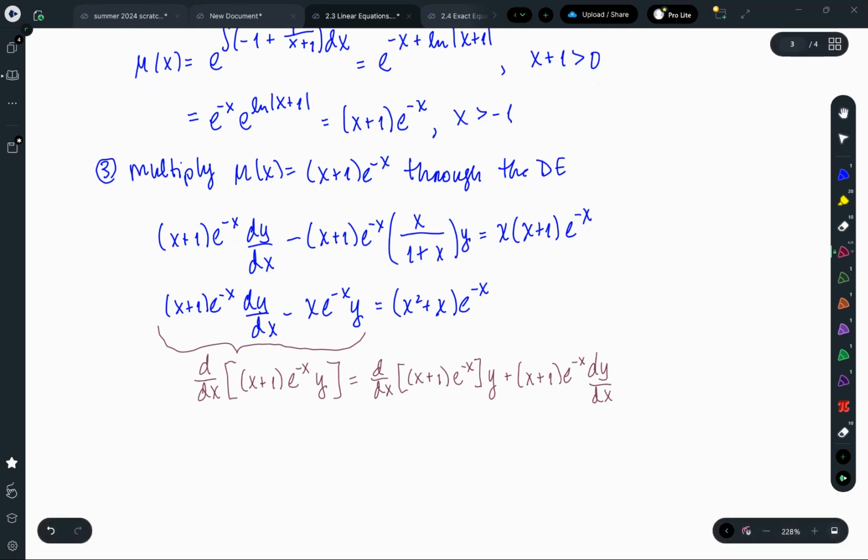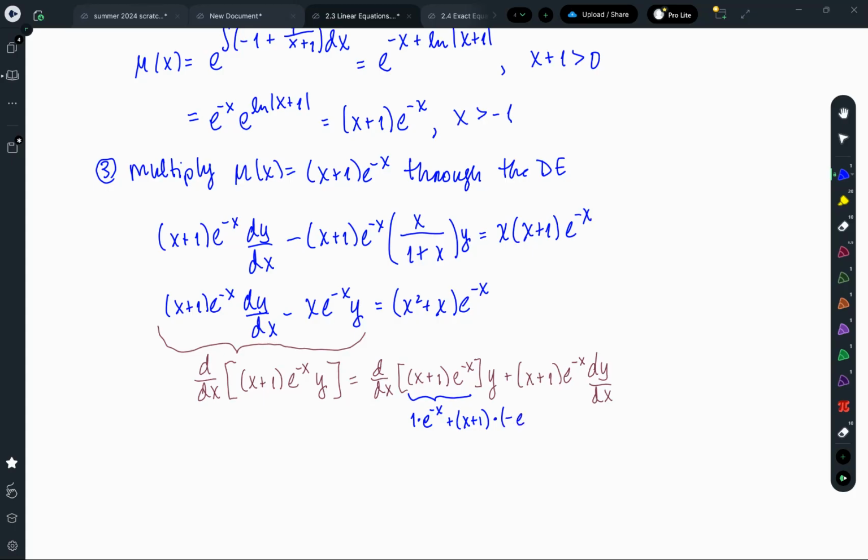Okay, so I didn't actually take my derivative of (x plus 1) times e to the minus x. I showed that I need to still. So when I take the derivative of that, the derivative of the first is 1 times e to the minus x, plus the (x plus 1) times a negative e to the minus x.